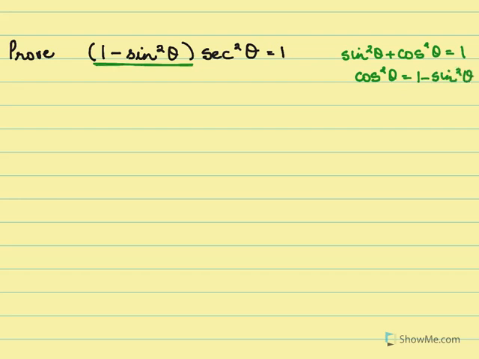So 1 minus sine square theta, I can write it as cos square theta. This is into sec square theta. And now you know cos square into sec square is 1, because here we have cos square theta. For sec square theta, I am going to put 1 over cos square theta. They cancel, equal to 1.